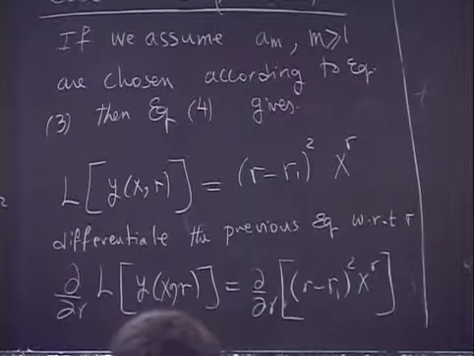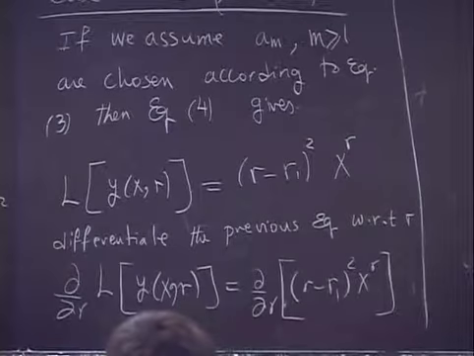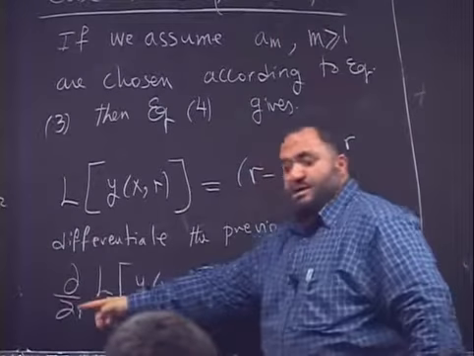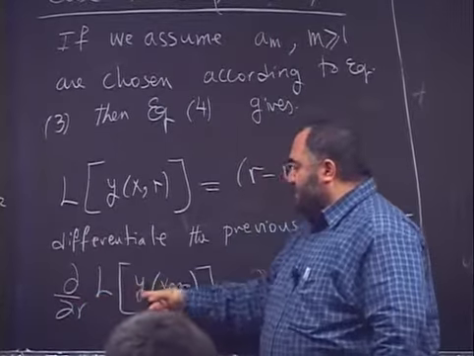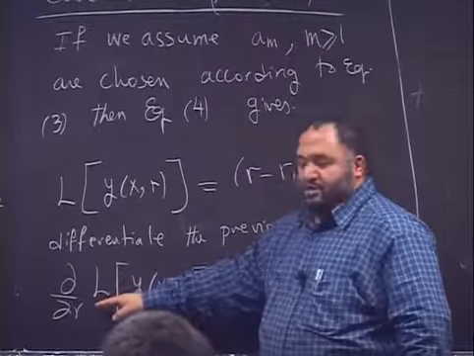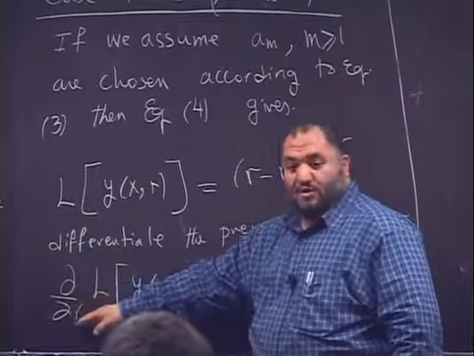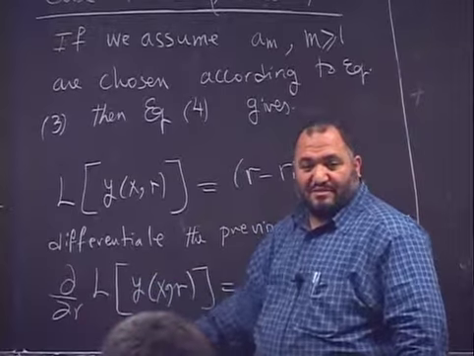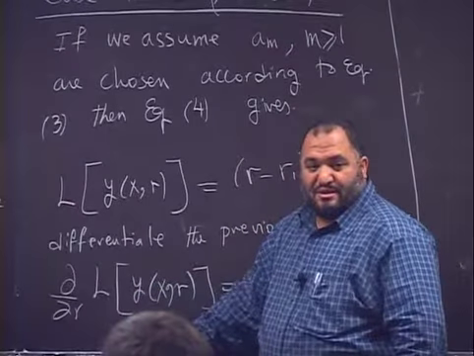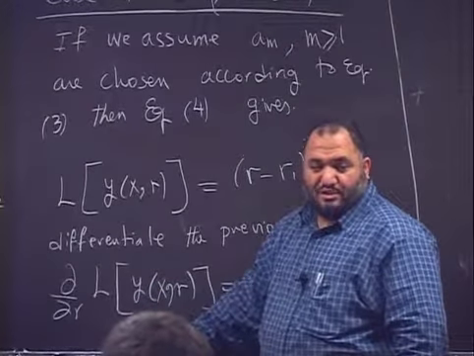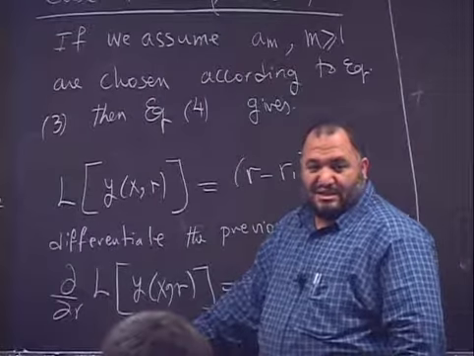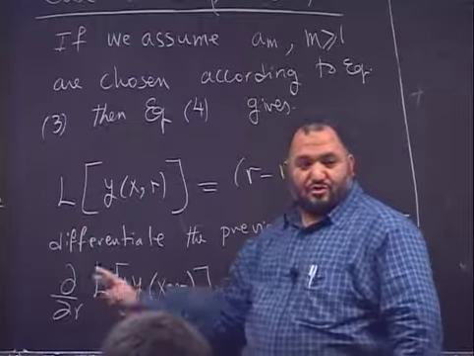You just said I will differentiate this linear operator L with respect to what? r. But what's L? It's a differential operator with respect to what? x. So it does not matter if you change the order.